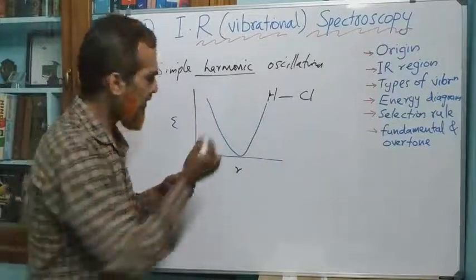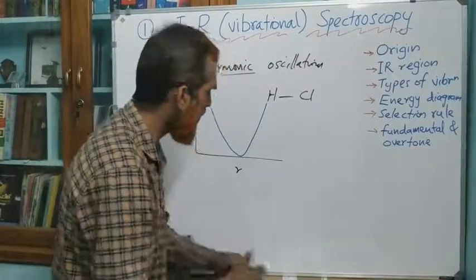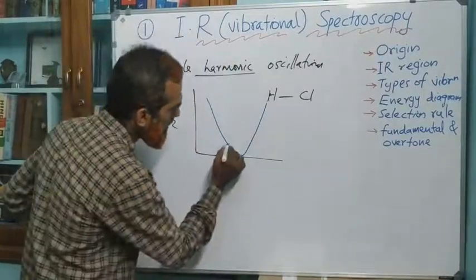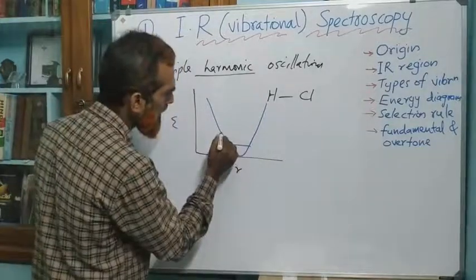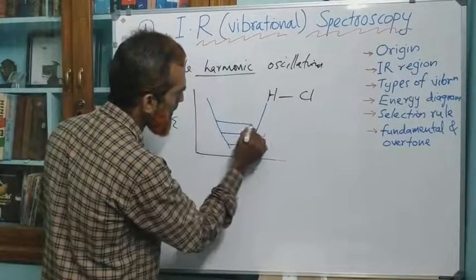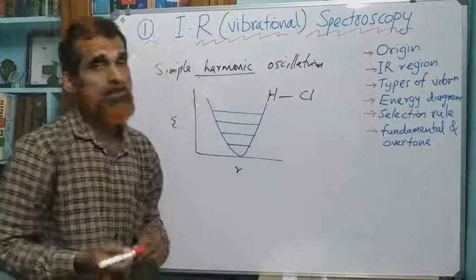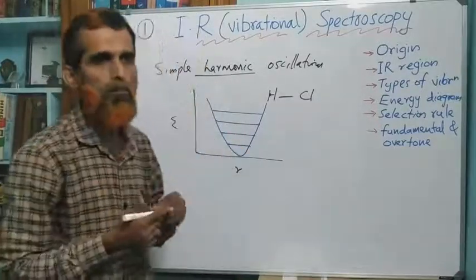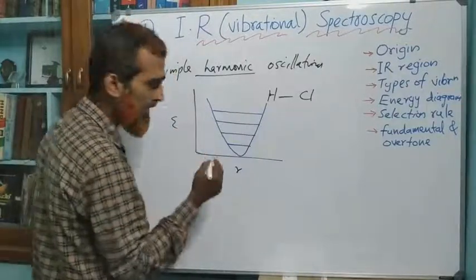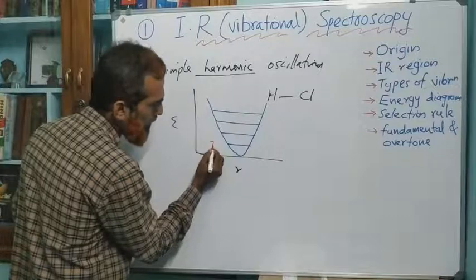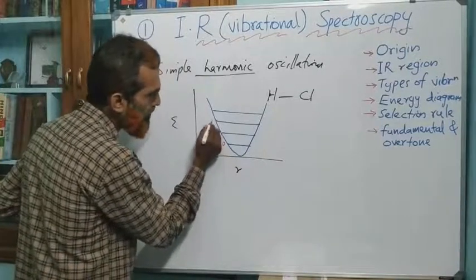If we show various energy levels, we can see that if the vibration is simple harmonic, the energy gap is the same everywhere. These equidistant energy levels are obtained, and as I told you, when we solve this problem in quantum mechanics, we get a quantum number called the vibrational quantum number, represented by the letter nu, which can have values 0, 1, 2, 3, etc.